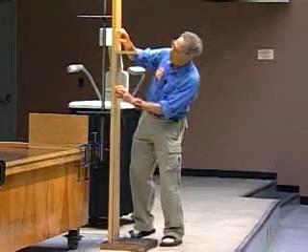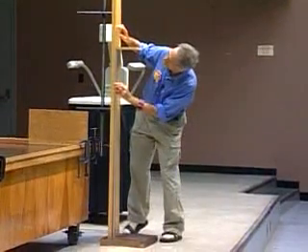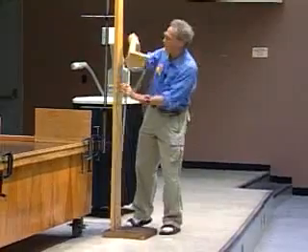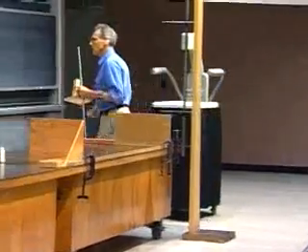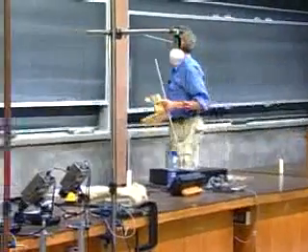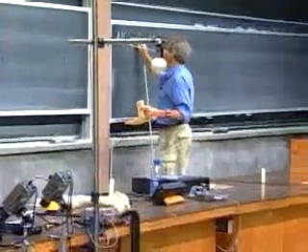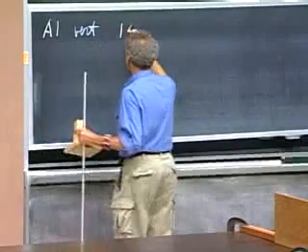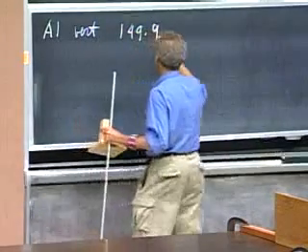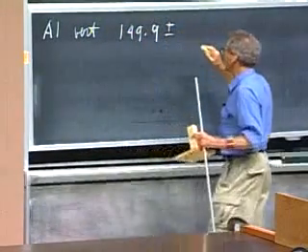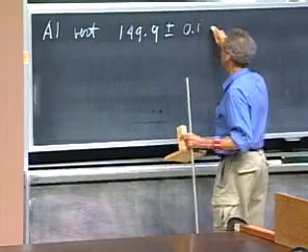So, I measure here 149.9 centimeters. So this is the aluminum bar, in vertical position, 149.9. But I would think that the uncertainty of my measurement is probably 1 millimeter.